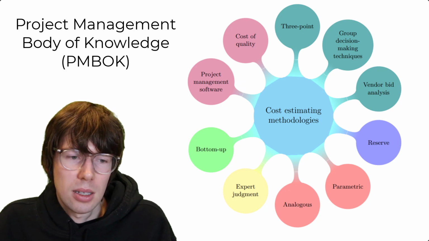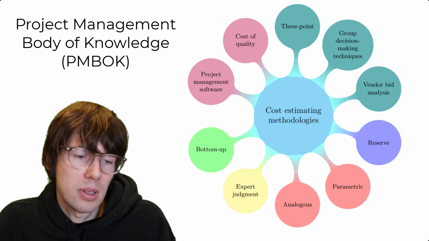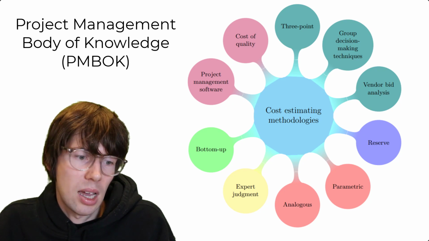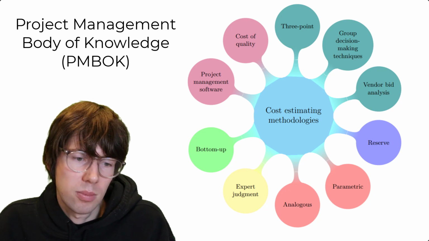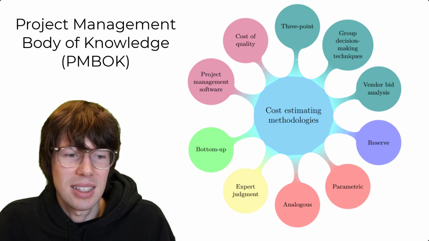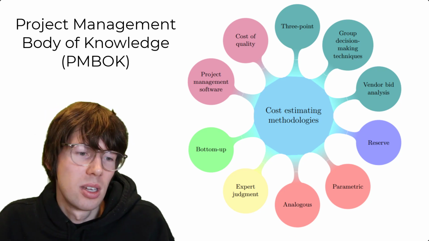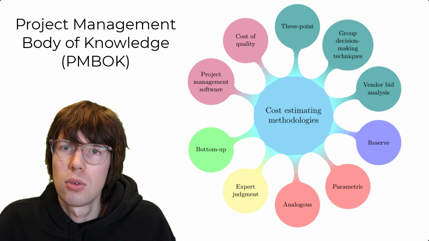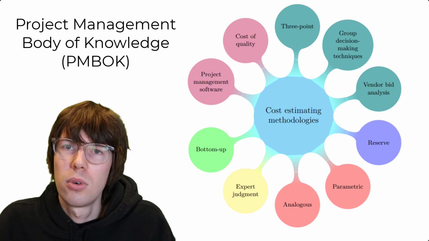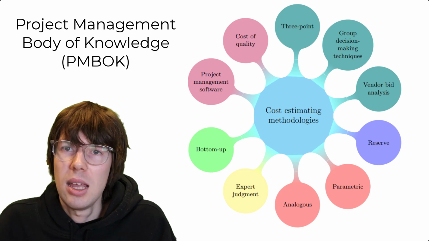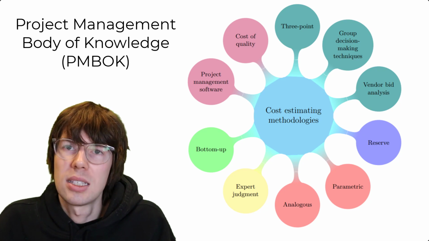So yeah, that's the 10 different methods. We have expert judgment, bottom-up, parametric, analogous, group decision-making techniques, 3-point estimation, vendor bid analysis, cost of quality, which is skipped, and project management software. Those are the 10 different methods that we're going to cover in my course, and the aim here is to come up with some kind of point estimate.